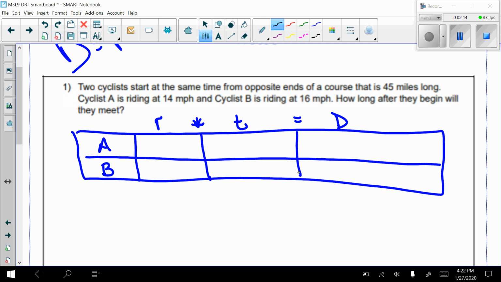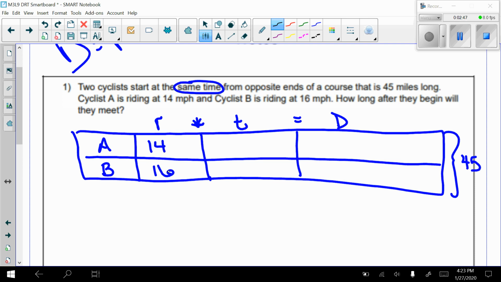So two cyclists start at the same time, that's really important, from opposite ends of a course that is 45 miles long. So the total distance, remember when we were talking about the sum of ages? The total distance is 45. Cyclist A is riding at 14 miles per hour. Do you think that's rate, time, or distance? Cyclist A has a rate of 14. Cyclist B has a rate of 16.